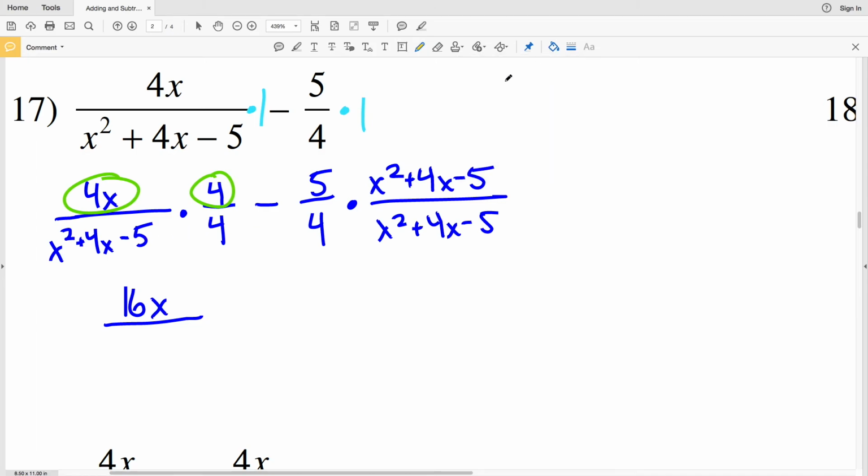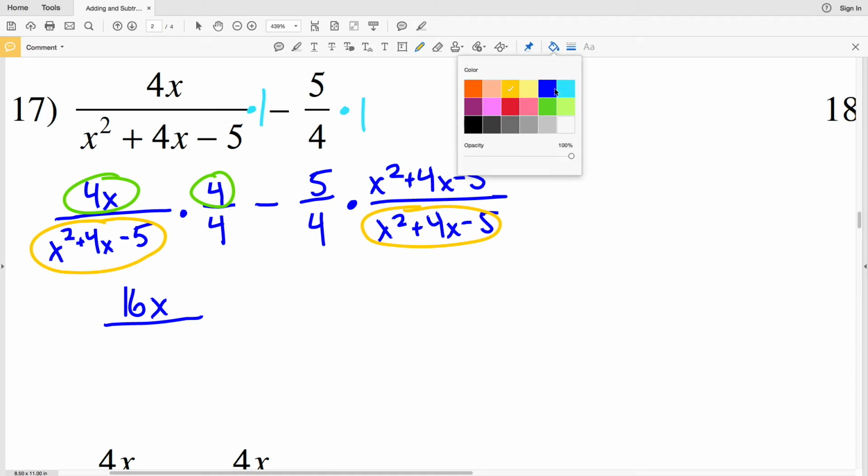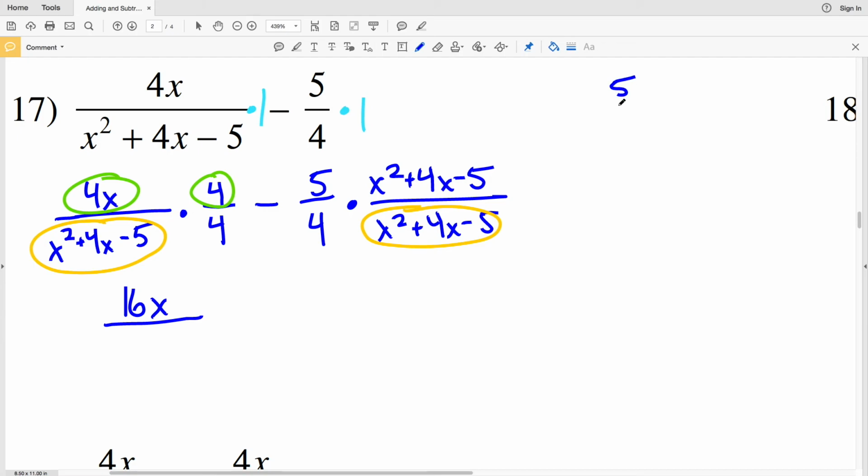Now in this step, I'm going to factor x squared plus 4x minus 5. Because they're the same, when I simplify one, I'll essentially be simplifying the other since they're equivalent. So what two numbers multiply to give me negative 5 and add to give me 4? When I factor that quadratic, that'll be 1 and 5 where the 1 is negative.